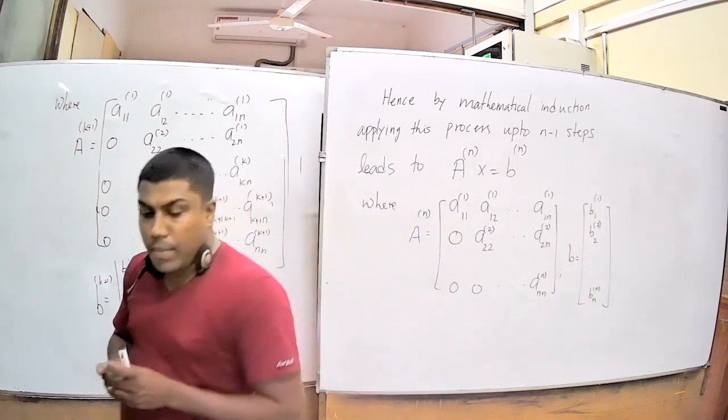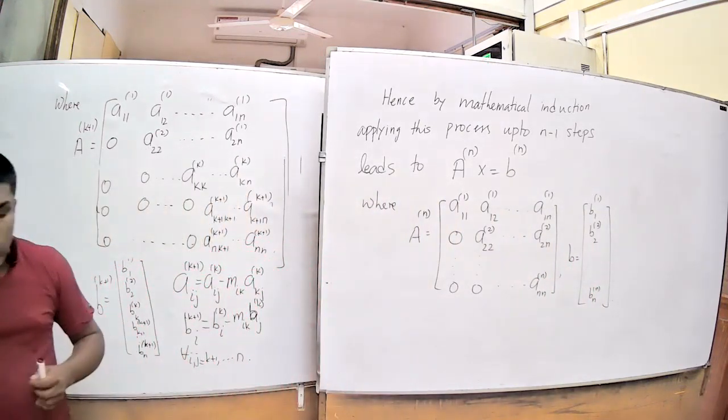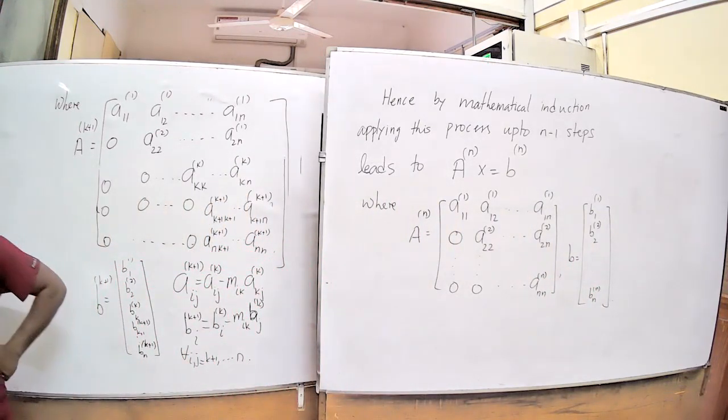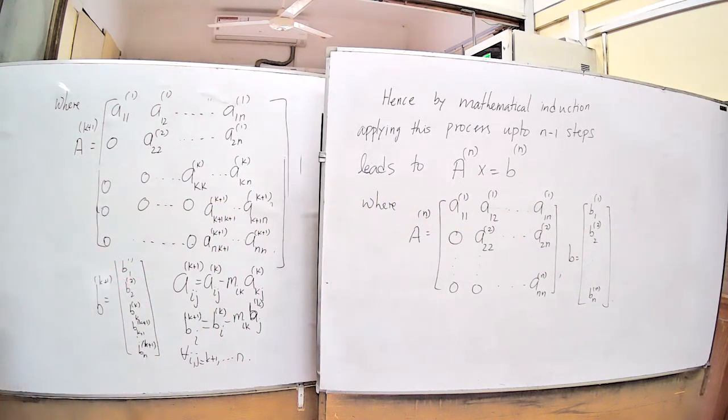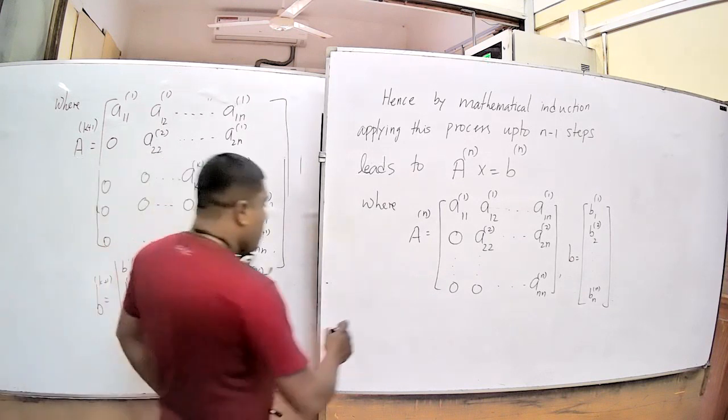By mathematical induction, when you continue applying this process up to n minus 1 steps, you get a system which looks like A_n X equals B_n, where A_n is an upper triangular matrix.